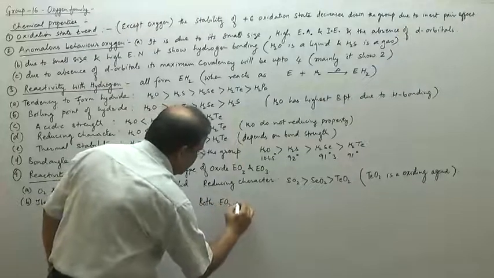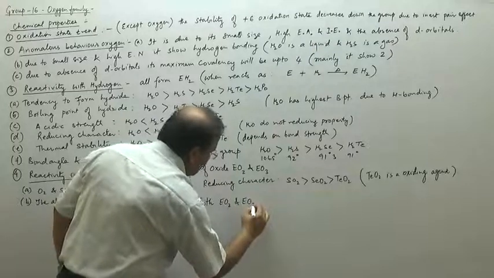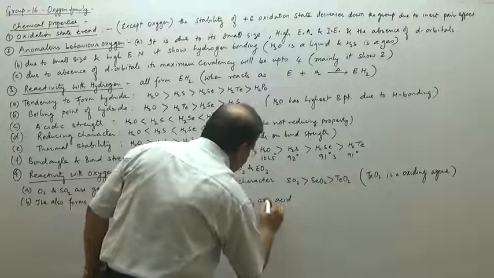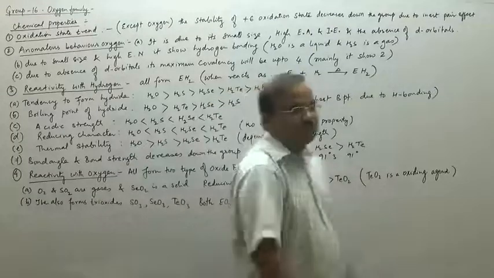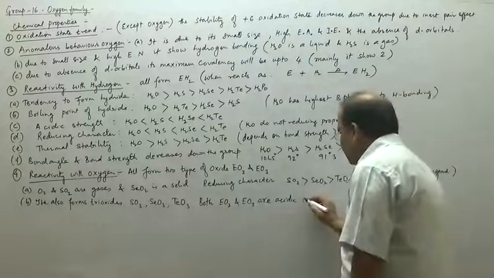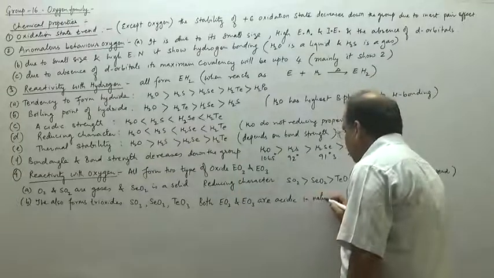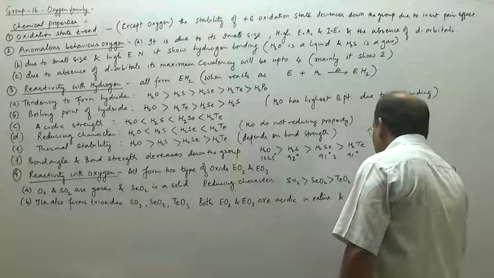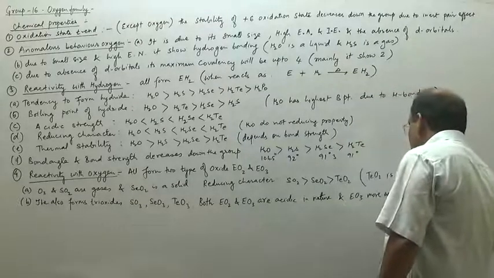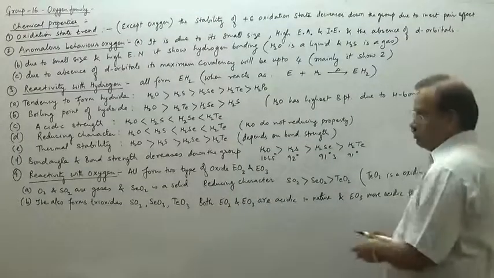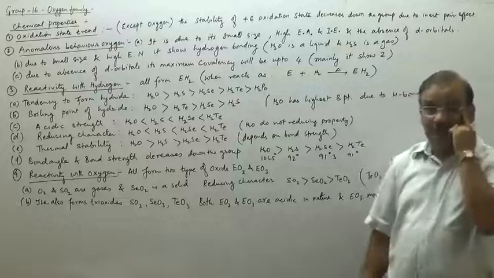EO2 and EO3 are acidic in nature, and EO3 is more acidic than EO2.